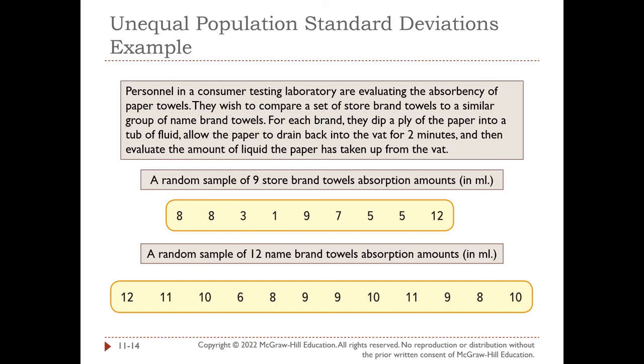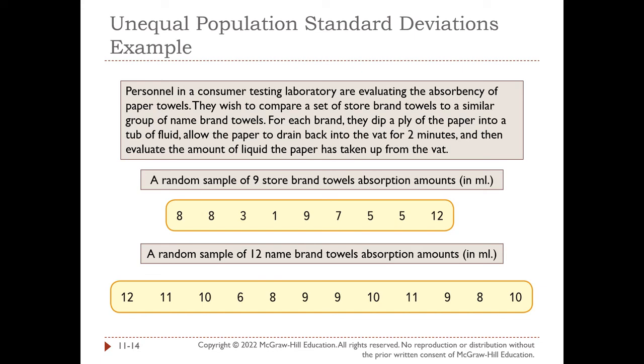Personnel in a consumer testing laboratory are evaluating the absorbency of paper towels. They wish to compare a set of store brand towels to a similar group of name brand towels. For each brand, they dip a ply of the paper into a tub of fluid, allowing the paper to drain back into the vat for 2 minutes, and then evaluate the amount of liquid the paper has taken up from the vat.